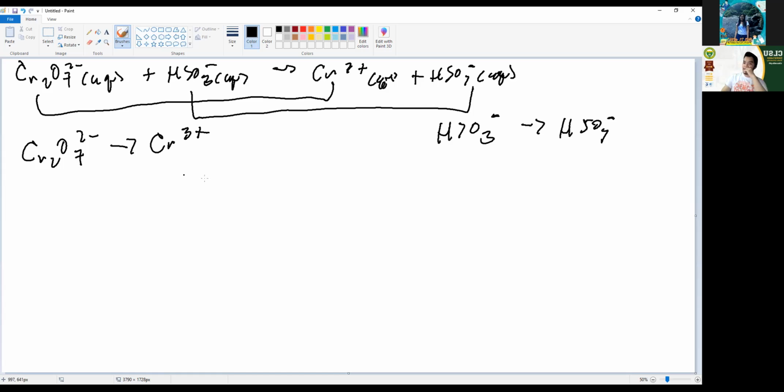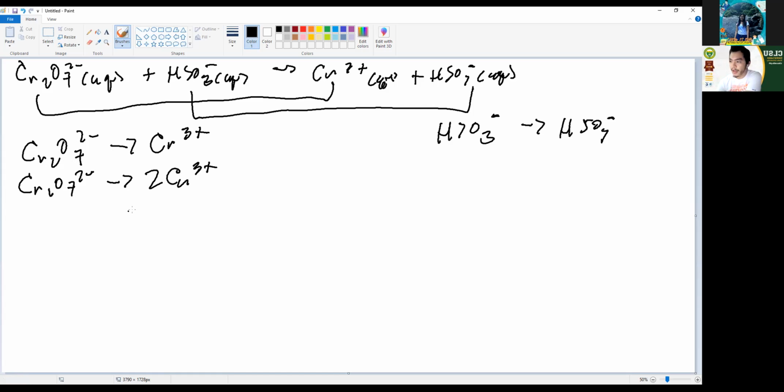So dito tayo magbabalance. So from this half reaction, ang unang gagawin is ibabalance natin yung elements other than oxygen and hydrogen. So since hindi balance yung chromium, lalagyan natin ng 2, Cr2O7 2 negative, magiging 2Cr3+. So balance na chromium.